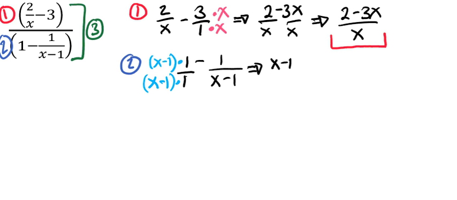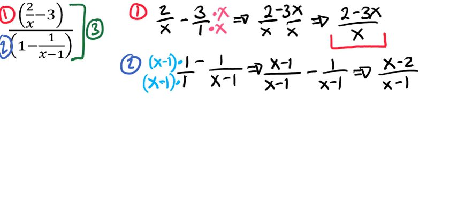And 1 times x minus 1 is just x minus 1, so we'll have x minus 1 over x minus 1 minus 1 over x minus 1, which will give us x minus 2 over x minus 1, and that is going to be the solution to our second problem.